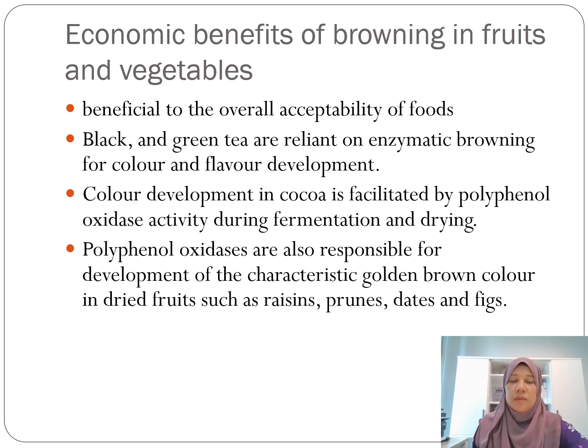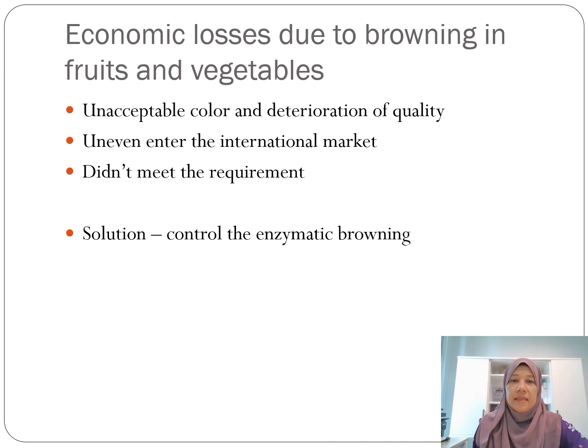For cocoa, it gives color development, which occurs during the fermentation and drying process of cocoa production. The enzyme polyphenol oxidase is responsible for the characteristic golden brown color in dried fruits, for example raisins, prunes, dates, figs.